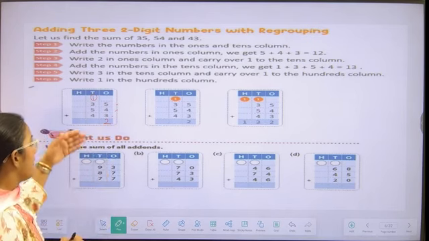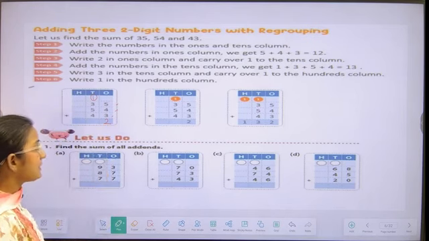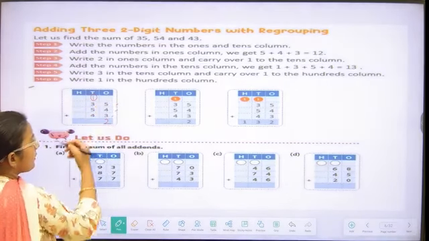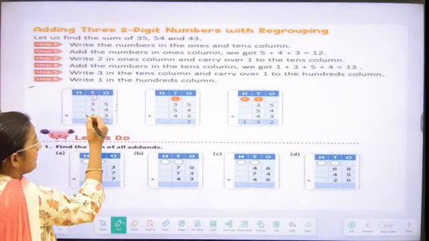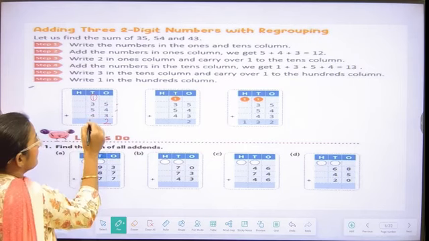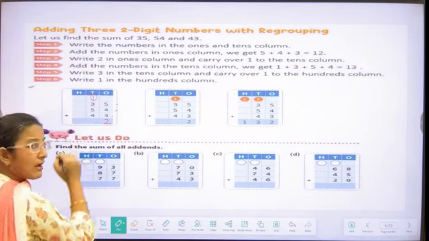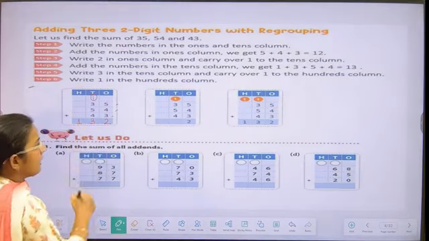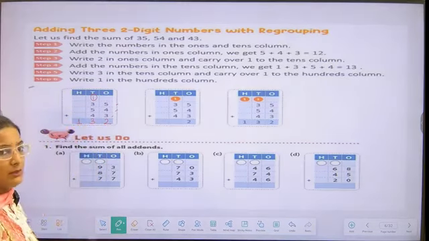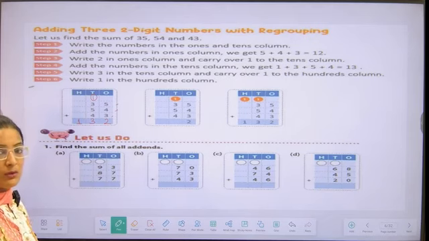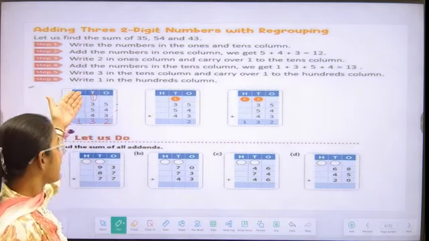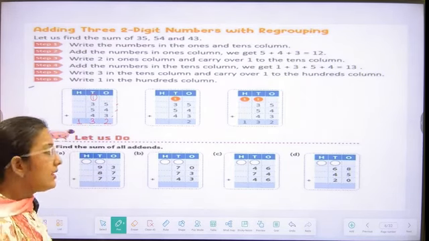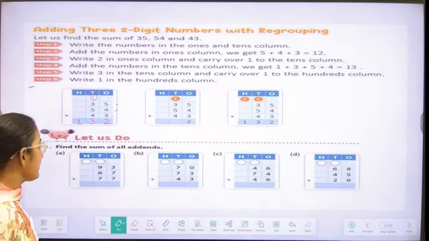Now we add the tens place value. 3 and 1 will make 4, 4 and 5 will make 9, 9 and 4 will make 13. There is nothing at the hundreds place, so no carryover, and we write 130 for that. So what is the sum of these three numbers? 132.